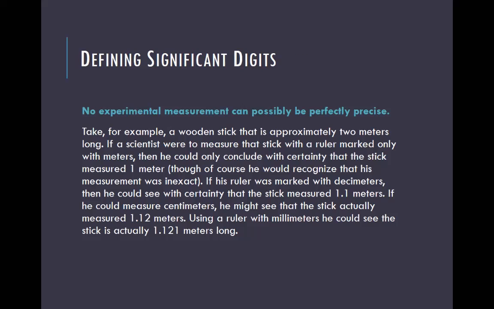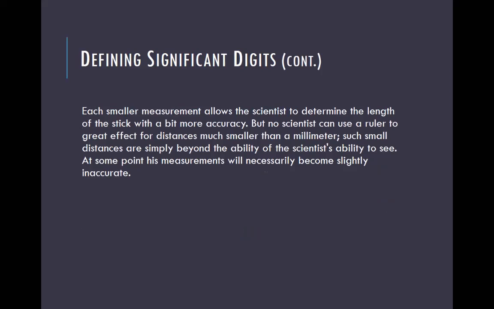Now, when we start looking at measuring things, some things are going to be super big and some things are going to be super small. And the scale that we use to measure is going to matter in terms of how accurate we can measure it. No scientist can use a ruler to great effect for distances smaller than a millimeter. They'd need something like a caliper or some sort of finer tool than simply a ruler.